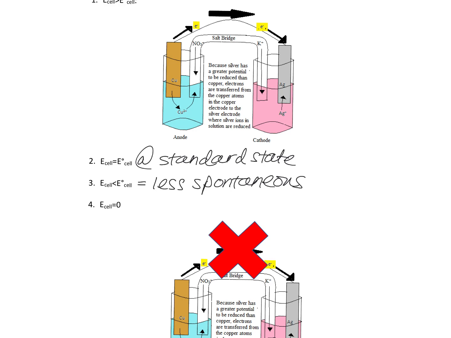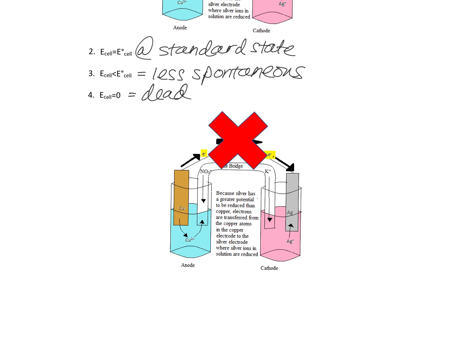When E cell is equal to 0, your battery is dead. Nothing's happening, so there is no longer any transfer of electrons. There's no more change in the thickness of the metals, no more ions transferring into the electrolyte solution, and it's done.